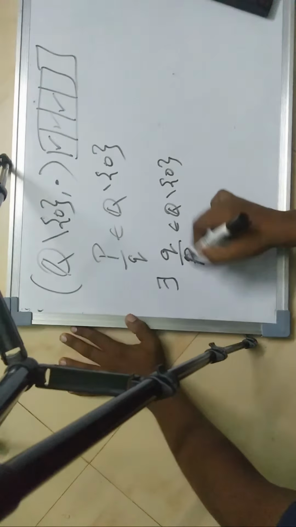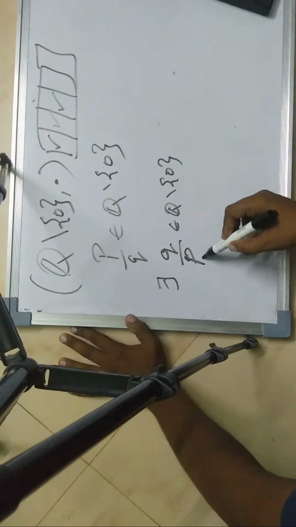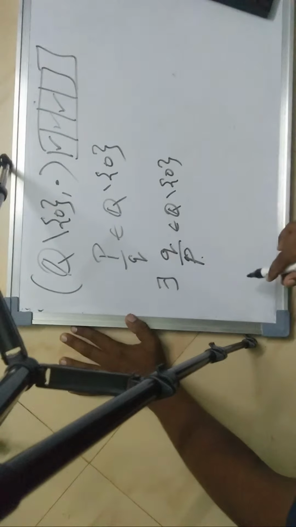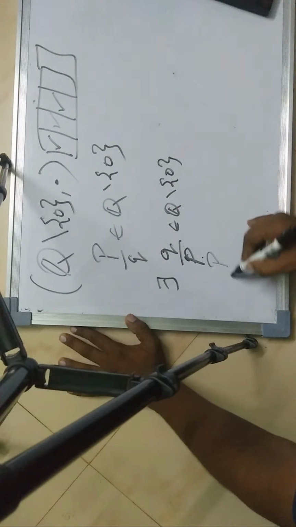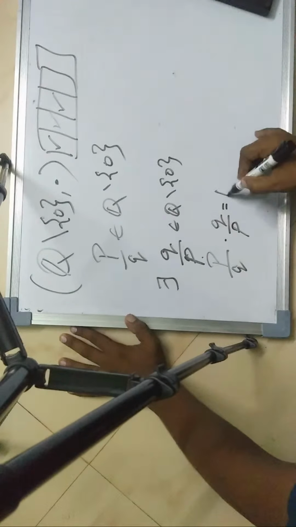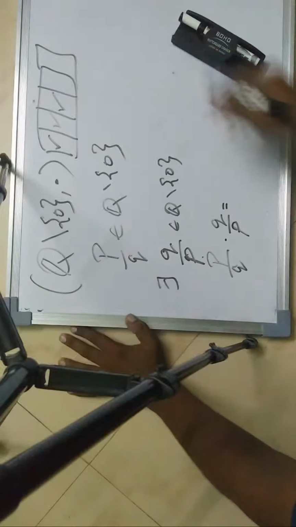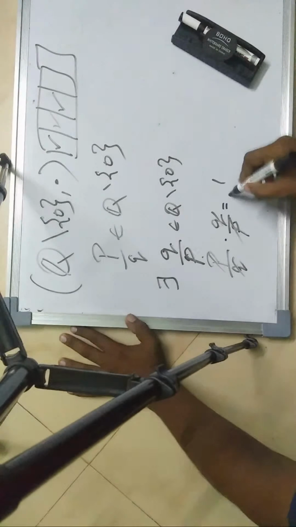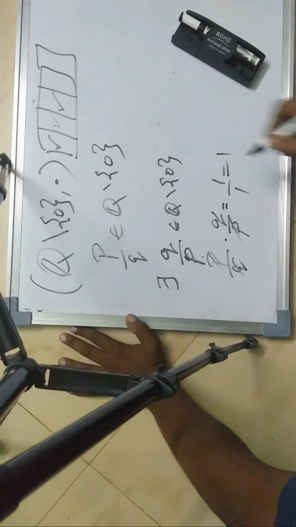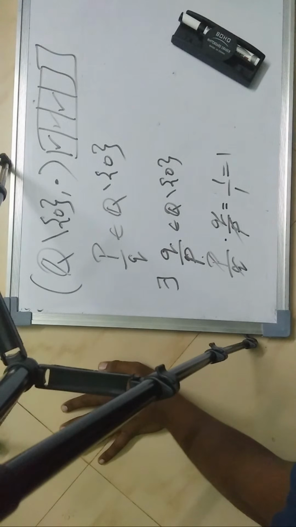Clearly this belongs to Q minus 0 because p and q are non-zero. So q and p are non-zero, and q by p is well defined. So by definition of our binary operation, p by q into q by p is pq by pq. So we can easily cancel it out, and we get 1 by 1, which is nothing but 1, the identity. So this is true the other way also.